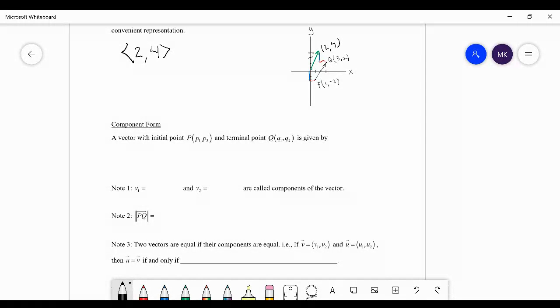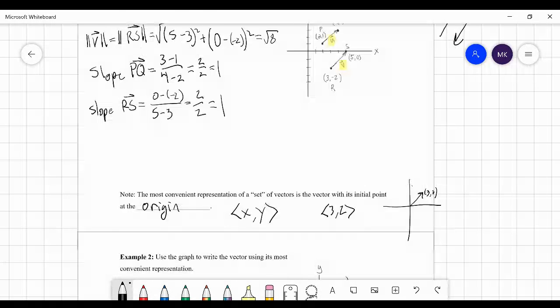And terminal point is Q, which is at the point (Q1, Q2). Again, kind of our x and y. We can say that the vector created by that, the vector V, is equal to the directed line segment PQ, which is equal to, and we're going to use these kind of arrowed brackets.